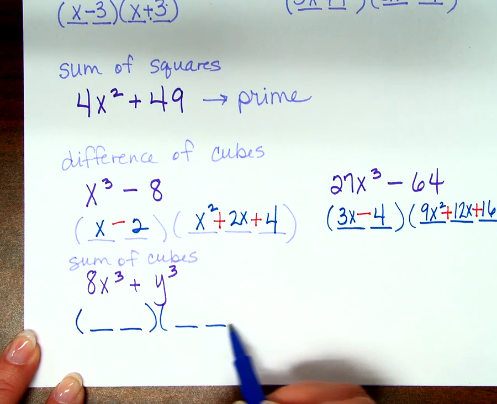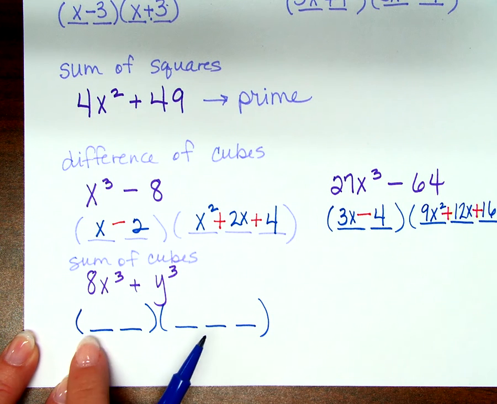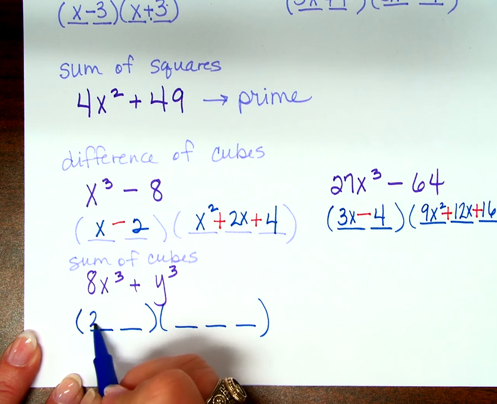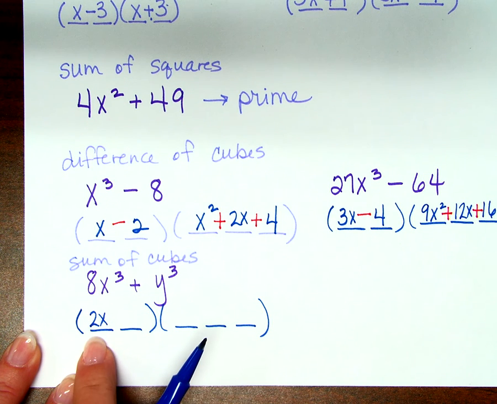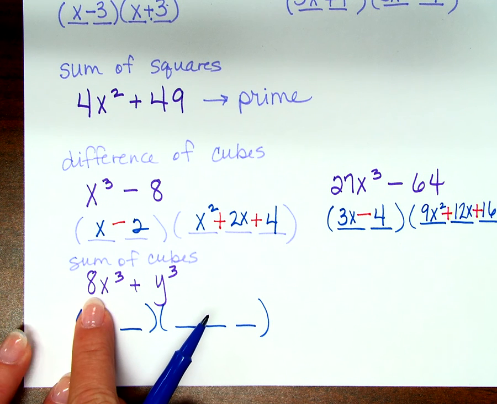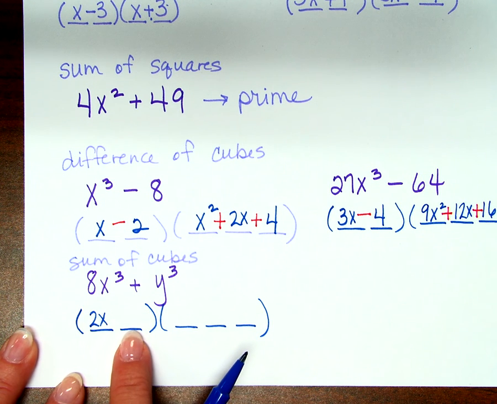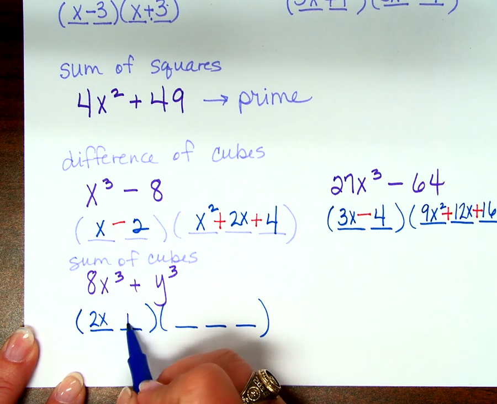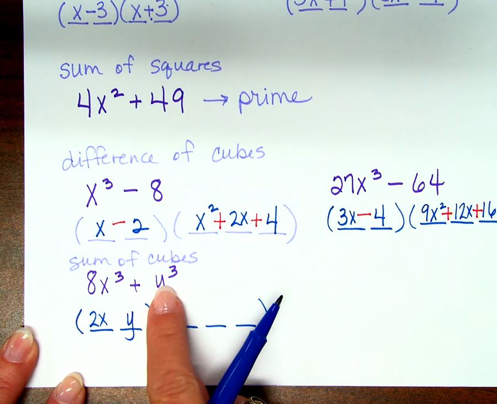Binomial, trinomial. Guess what goes in the first term of the binomial? 2x. And where did that come from? The cube root of the first term, right? What goes in the second term of the binomial? Y, because y is the cube root of y cubed.